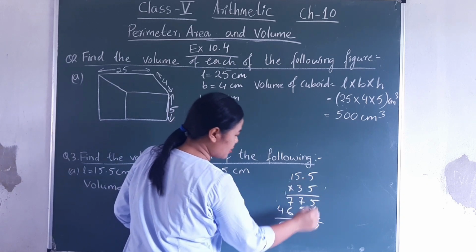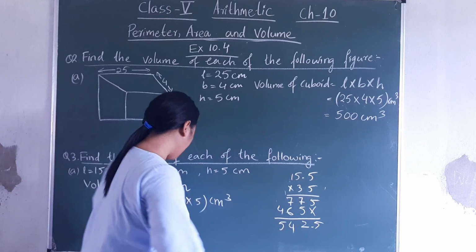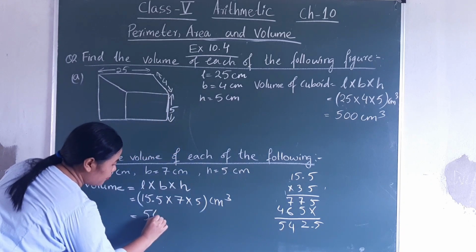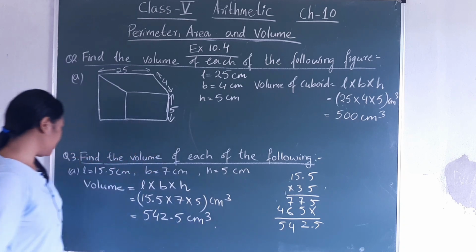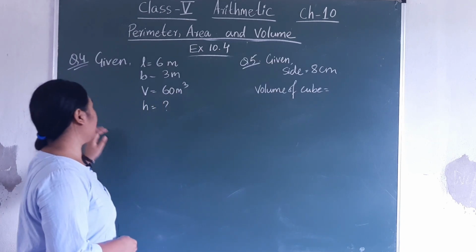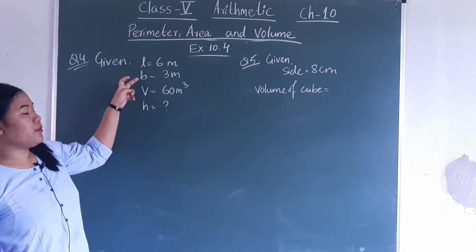You can see 1 decimal point, so we will give after 1 number. So 542.5 centimeter cube.